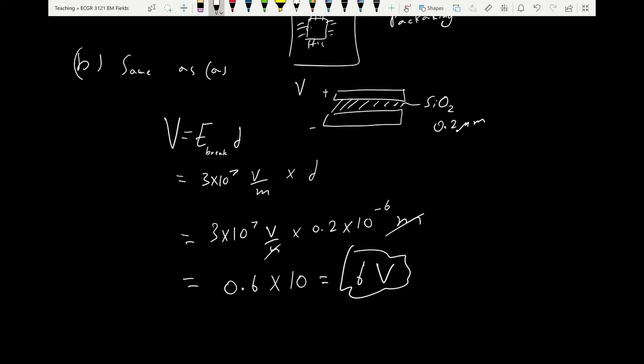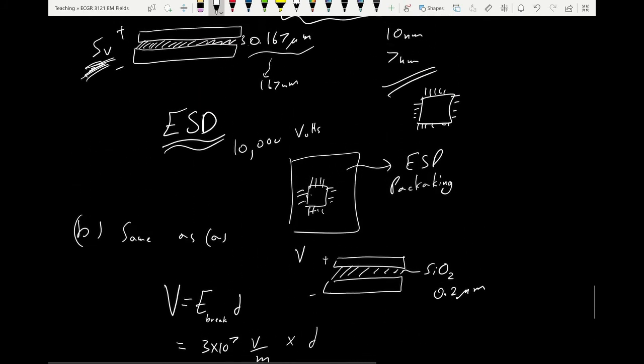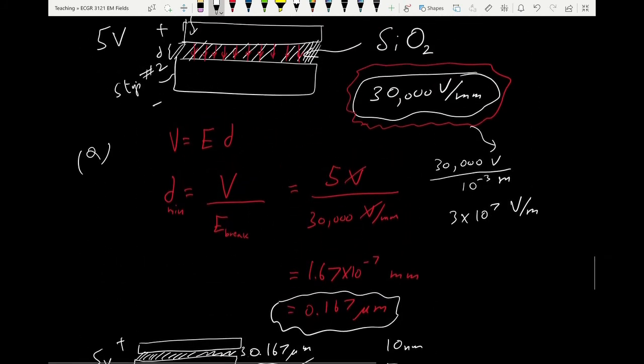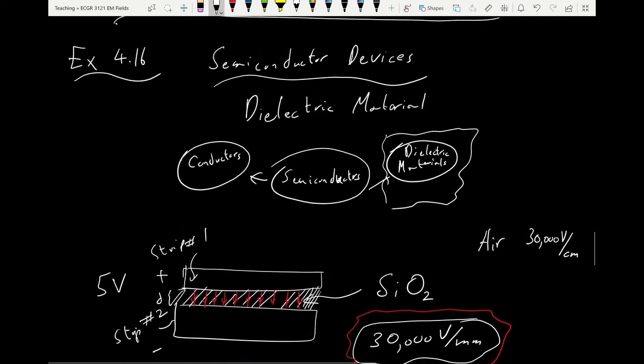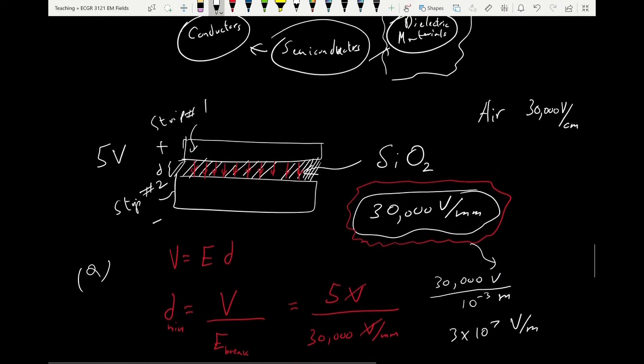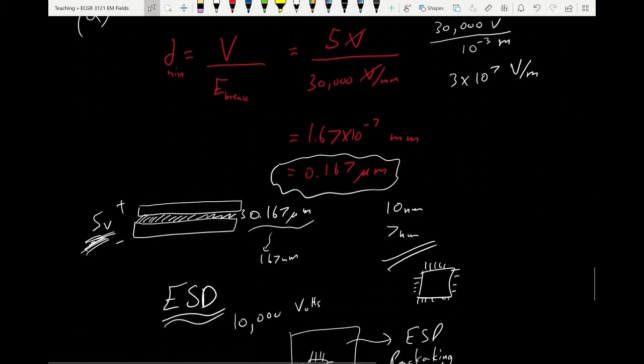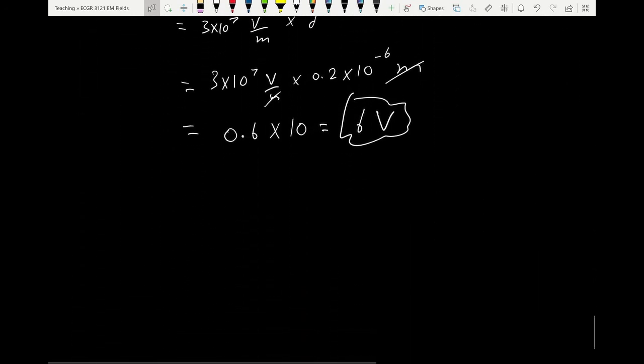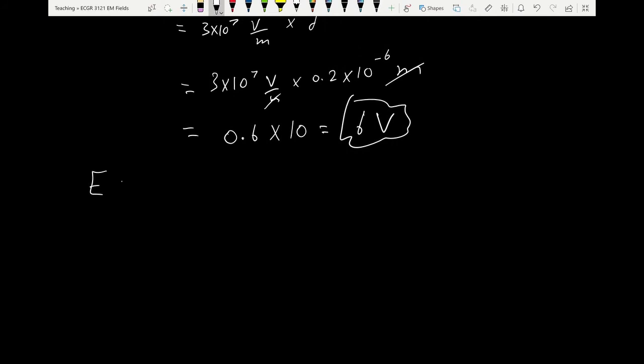This is one example. The second example that's in the domain of dielectric strength, right, is example 4.17. We'll go about it quickly. Example 4.17. Right.